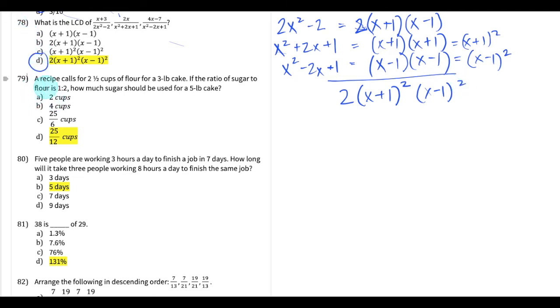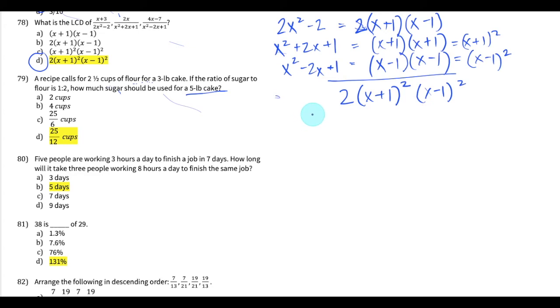Number 79. A recipe calls for 2 1/2 cups of flour for a 3-pound cake. If the ratio of sugar to flour is 1:2, how much sugar should be used for a 5-pound cake? Okay, so sugar yung tinatanong dito. So, ang una muna natin titingnan would be, ilang flour ba yung kailangan? Kasi meron tayong dalawang ratio dito actually.